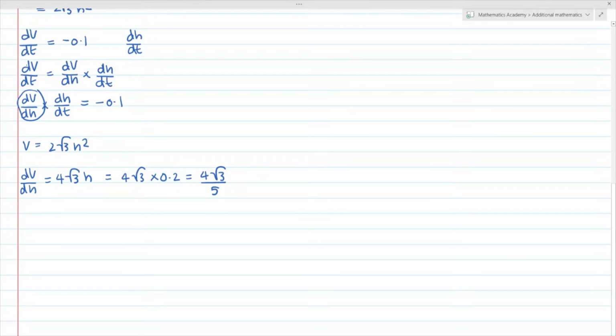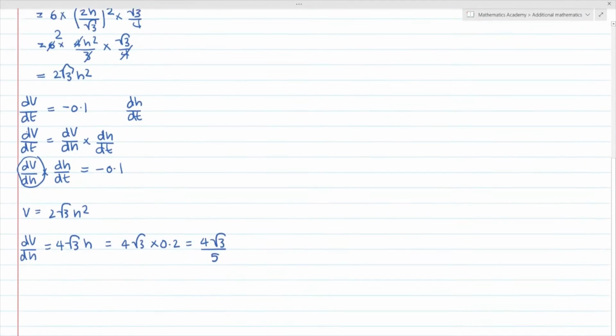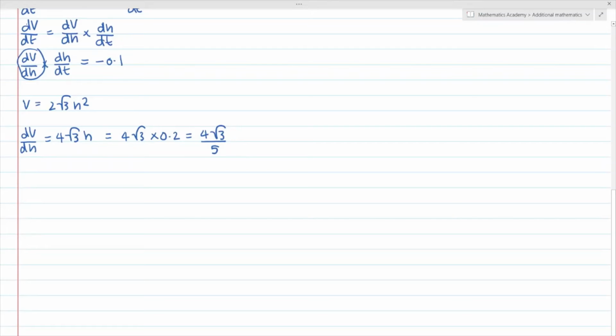Okay, and now what we need to do is just substitute that back into our equation. So dV/dh times dh/dt is equal to negative 0.1. We know that dV/dh is 4 square root of 3 over 5, times dh/dt equals negative 0.1.